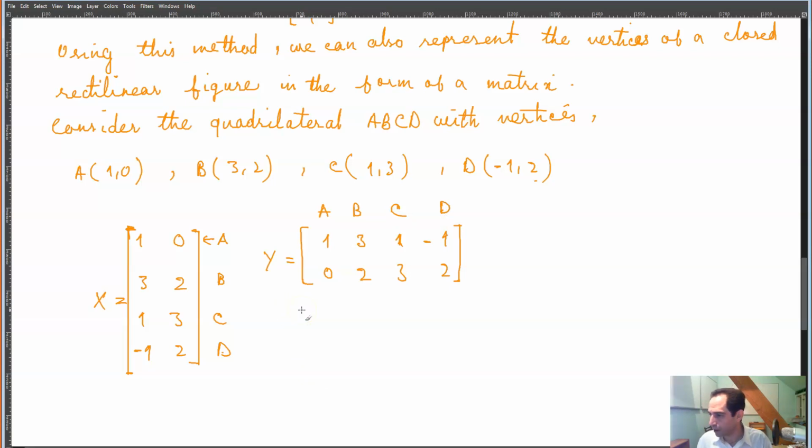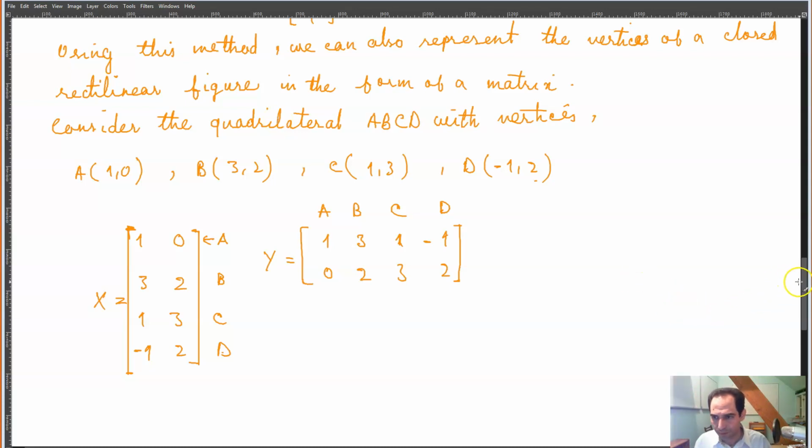So, as you can see, matrices can be used as a means of representation of vertices of geometrical figures in a plane. Now let's take a couple of examples and see how we can use these matrices for different purposes.